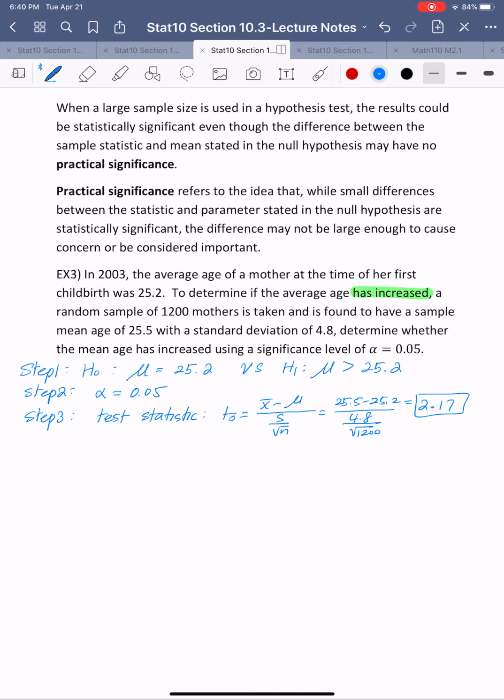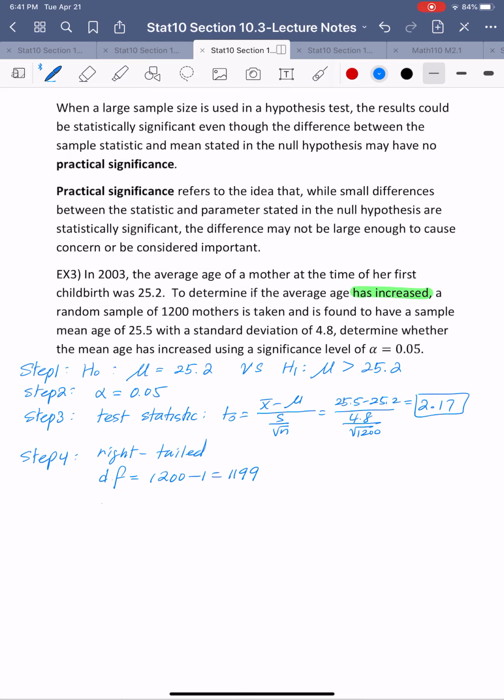Okay, so we need to keep that. And then this time, I think I want to use the p-value. Okay, so step 4, this is the right tail, and then the critical value alpha equal to 0.05, and the degrees of freedom is 1,200 minus 1, which is 1199.